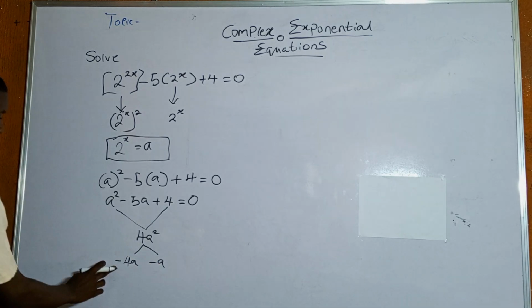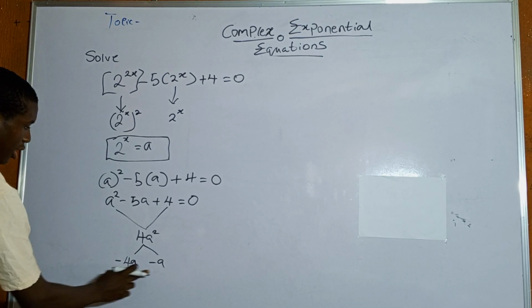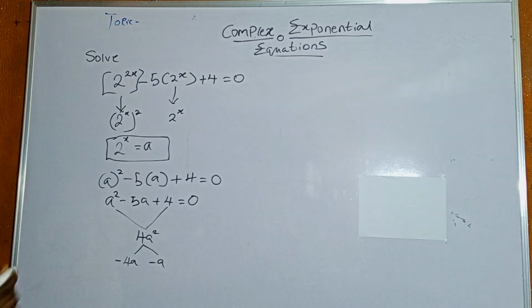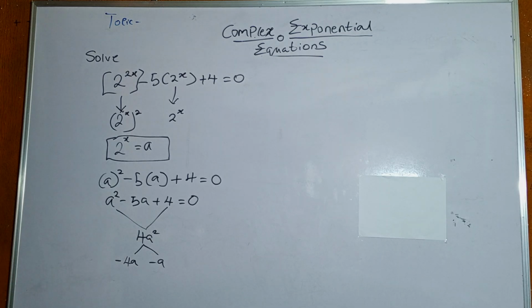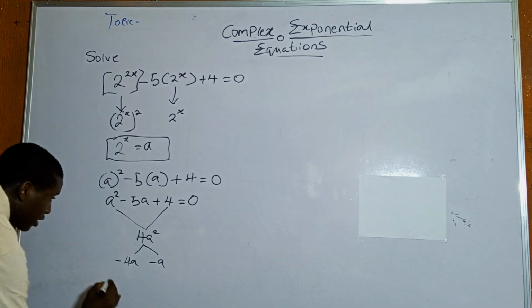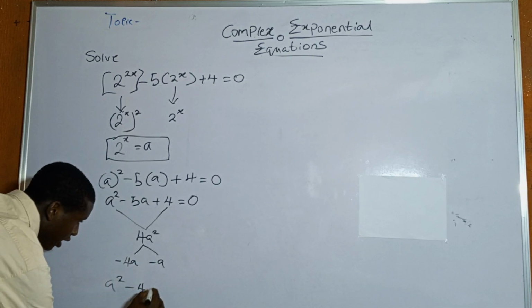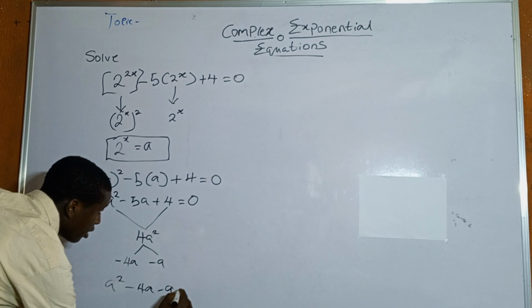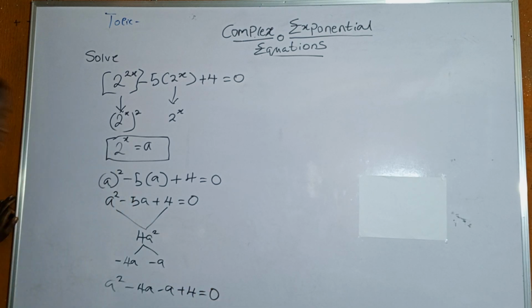When we add these two, we have minus 4a minus a, which will give us minus 5a, and when we multiply them, it will give us 4a squared. So now inputting this in the equation, we have a squared minus 4a minus a plus 4 equal to 0.